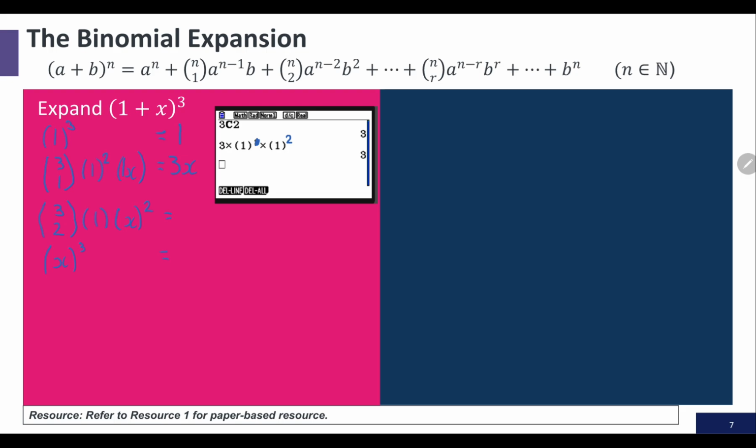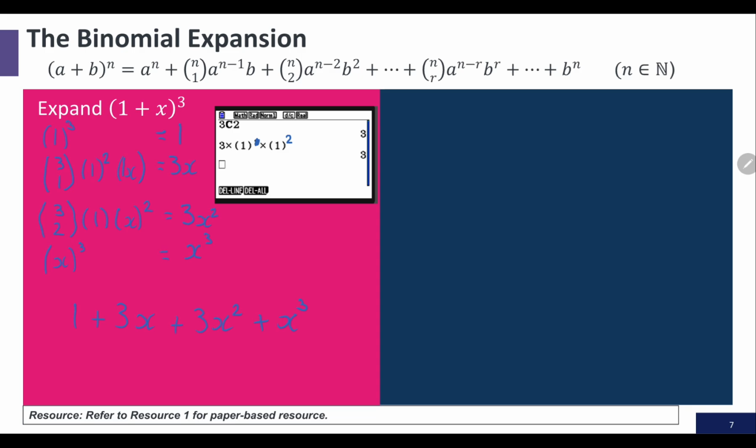And all we're doing here is calculating coefficients. This is just going to tell us the number in front. So that comes out as 3. Then x squared is x squared. And on this next term here, x cubed is just x cubed. So my final answer is 1 plus 3x plus 3x squared plus x cubed.